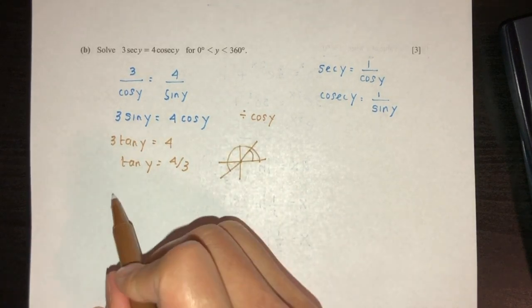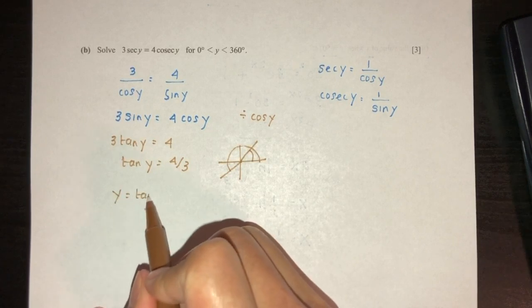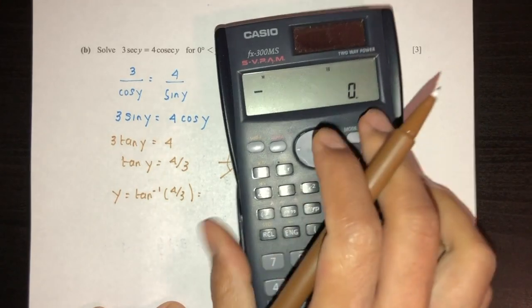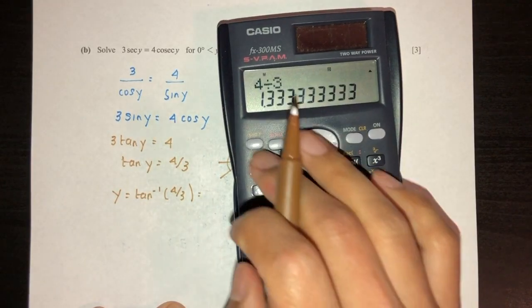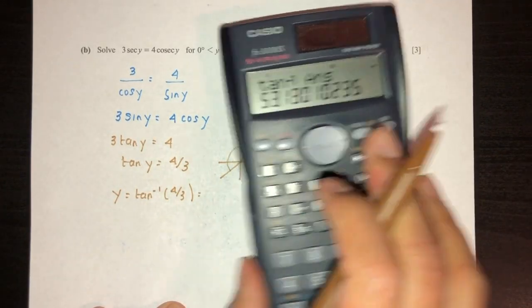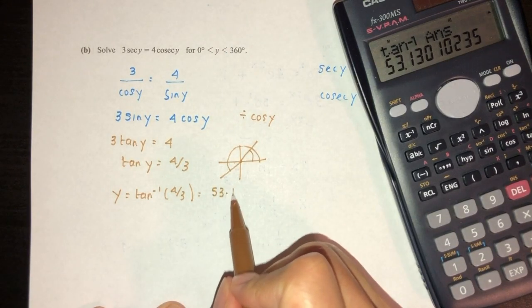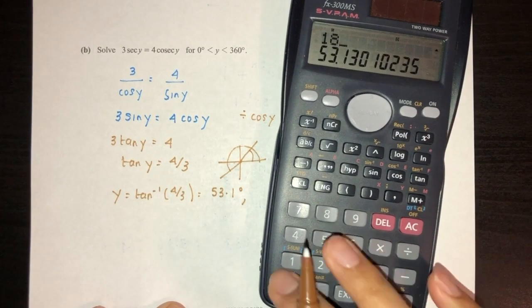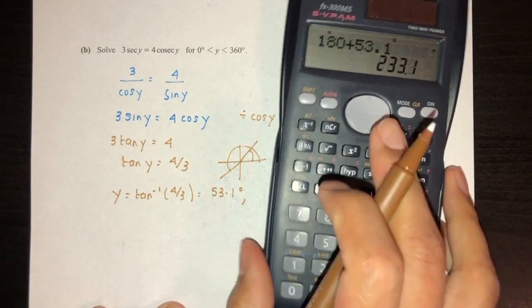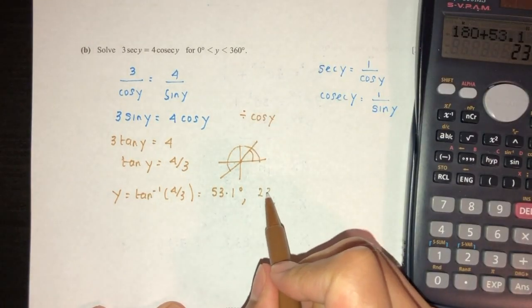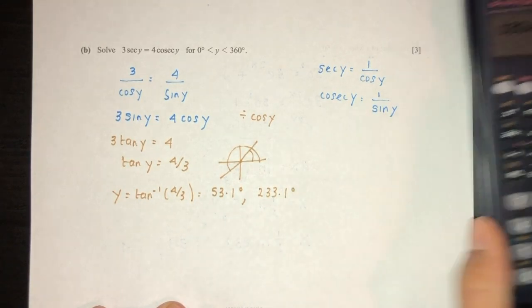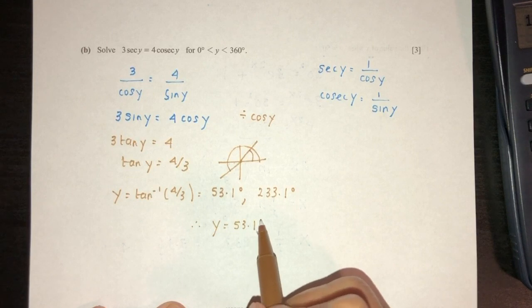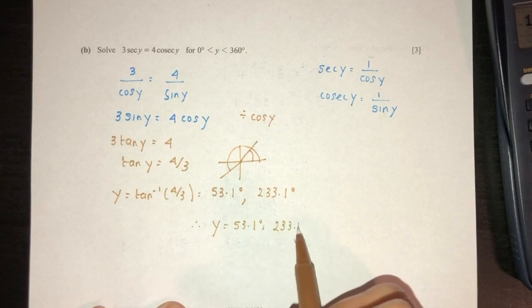So y is equal to tan inverse of 4 divided by 3. Tan inverse of that should give you 53.1 degrees, but also 180 plus 53.1, that should be 233.1 degrees. And those are your values of y, 53.1 and 233.1 degrees.